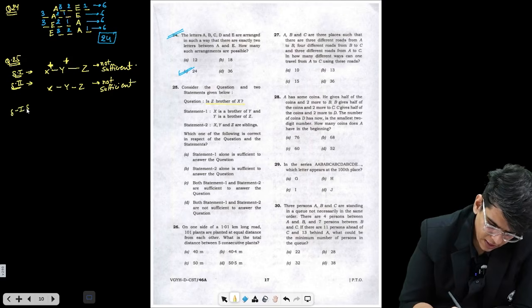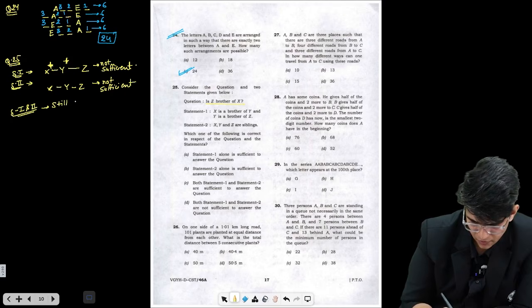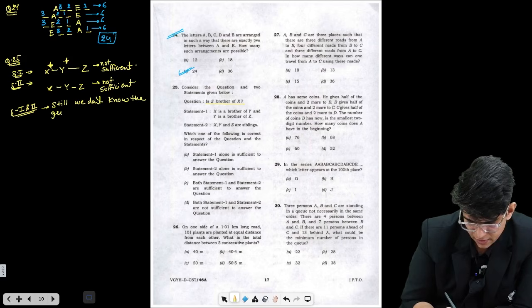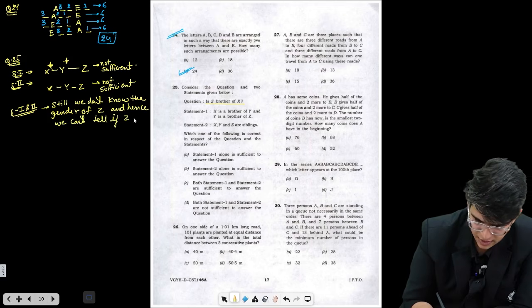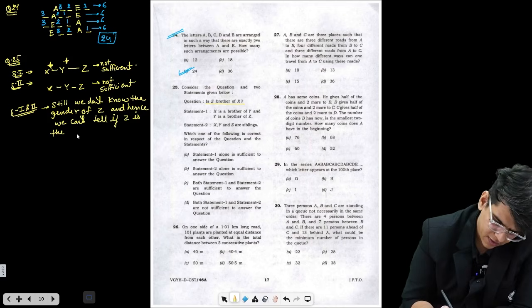Statement 1 and 2 together: still we don't know the gender of Z, and hence we can't tell if Z is the brother of X.